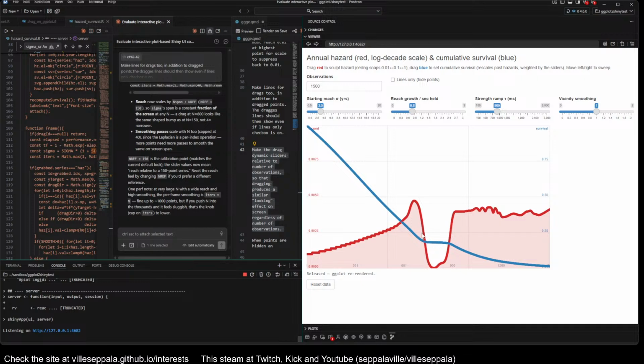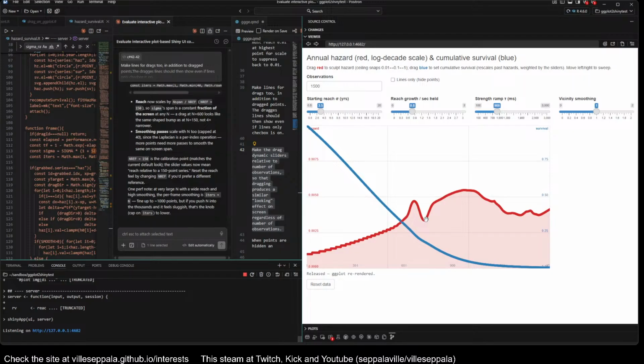Or is it caused by, yes, that's essentially what's happening, that I'm changing the data with the mouse, and it's not changing just the point that I'm tracking, but also the points near it.